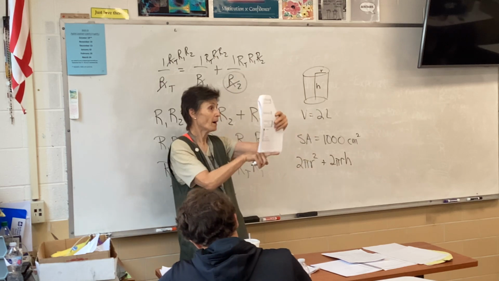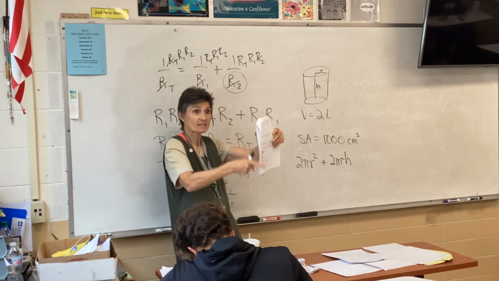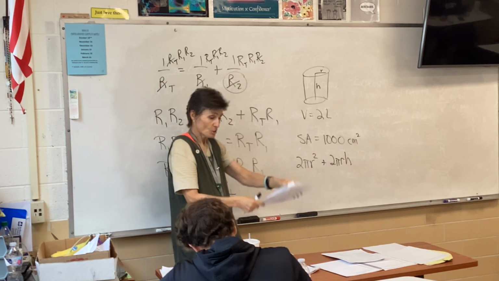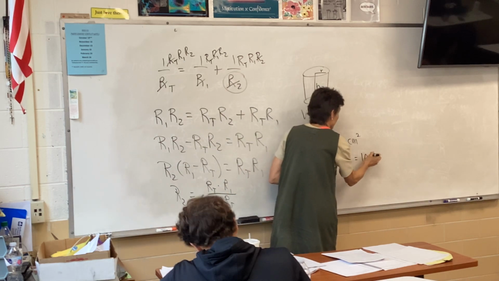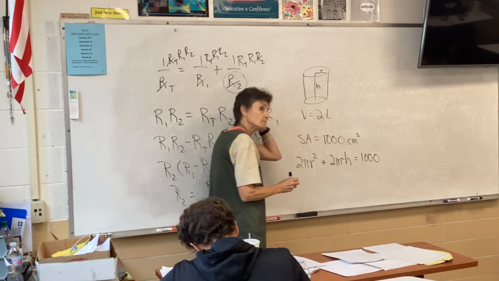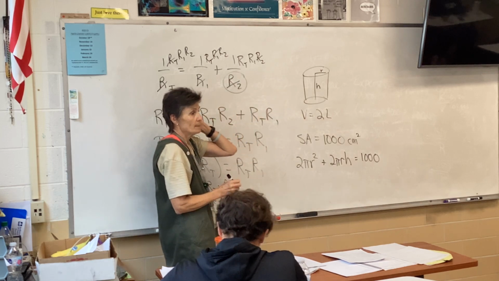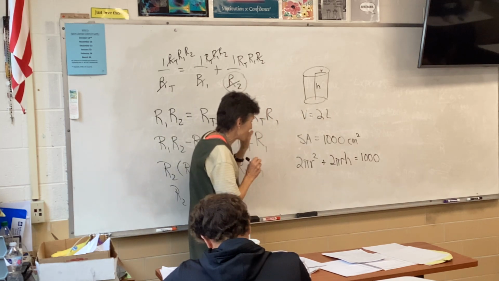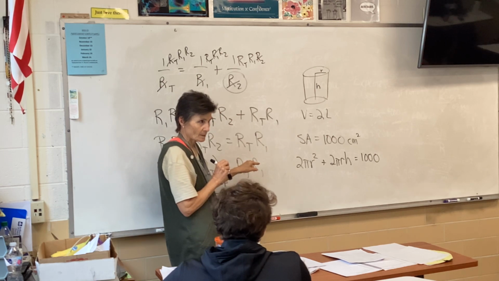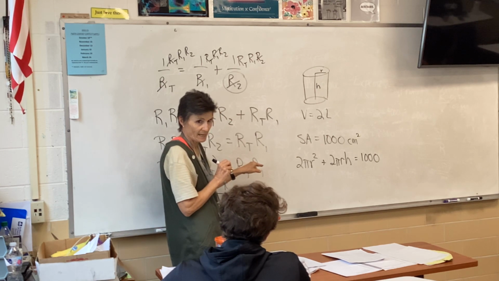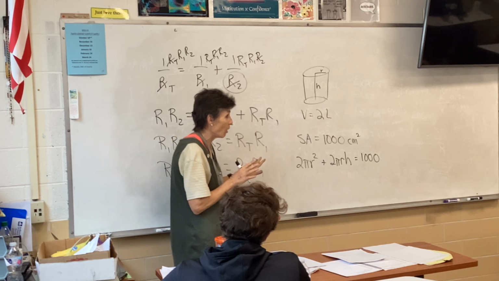So this is 2 pi r, it's the circumference, and this is h. So George is saying, here is an equation that equals 1,000. Now, that is an absolutely magnificent equation, but there's something wrong with it. It has too many variables to solve, right?